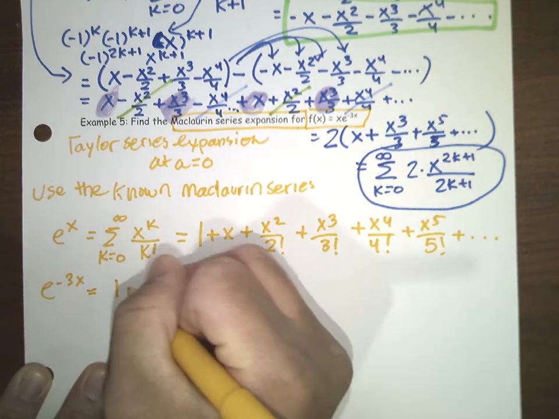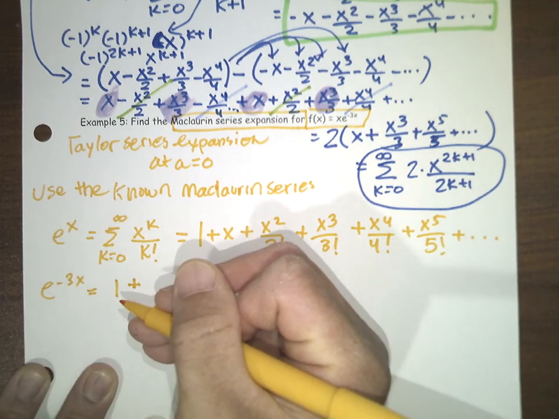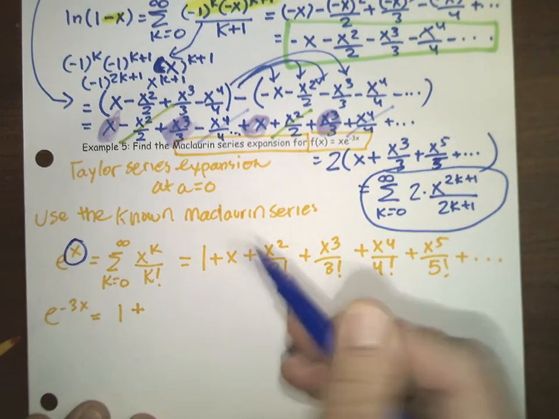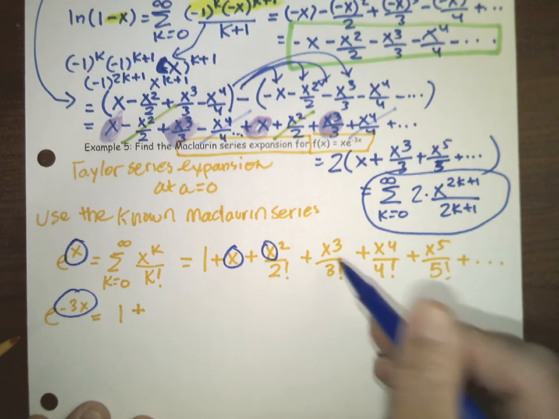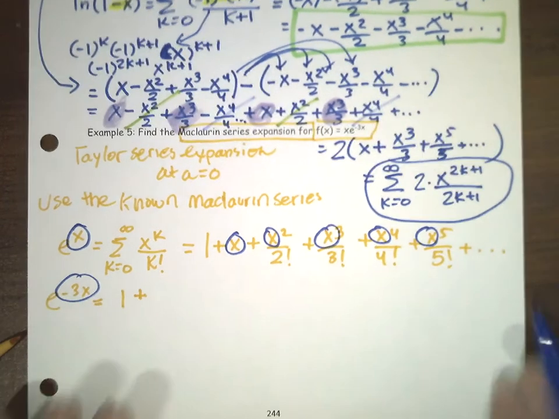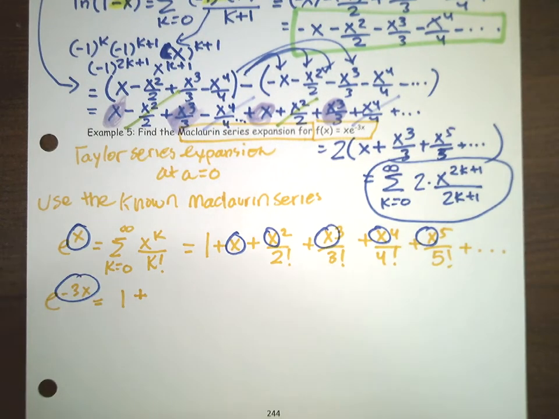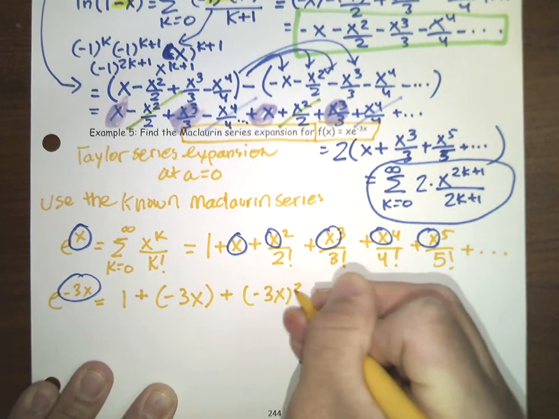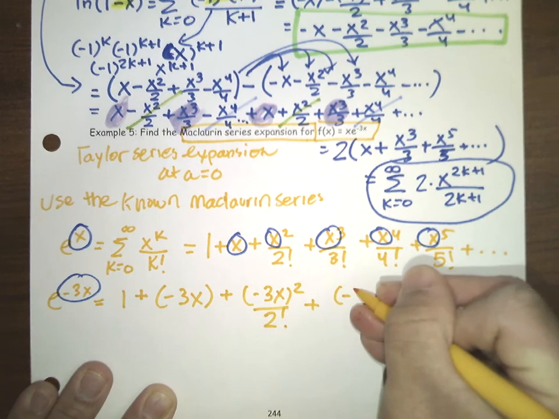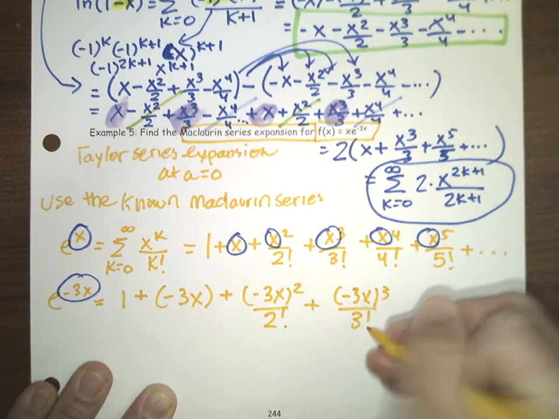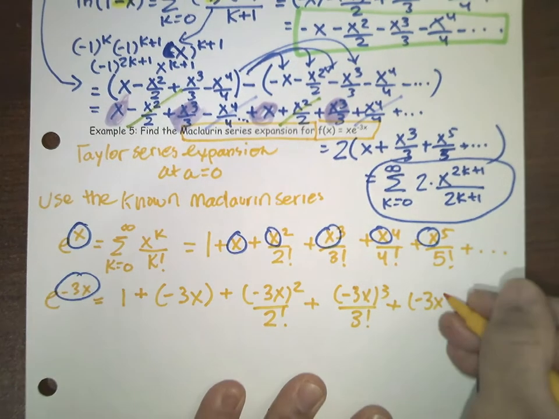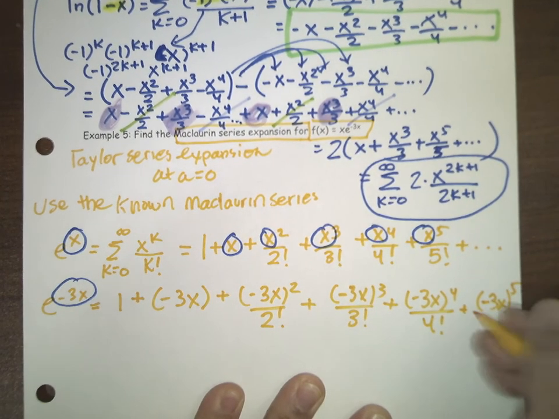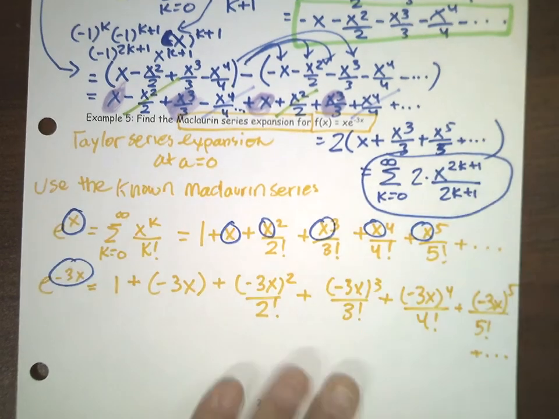So it's 1 plus, now try to see how this is going. Right here, the x was in the exponent, so whatever the exponent is will be all of these x's right here. So this will be 1 plus negative 3x, then plus negative 3x squared over 2 factorial, plus negative 3x cubed over 3 factorial, plus negative 3x to the fourth over 4 factorial, plus negative 3x to the fifth over 5 factorial, and so on.